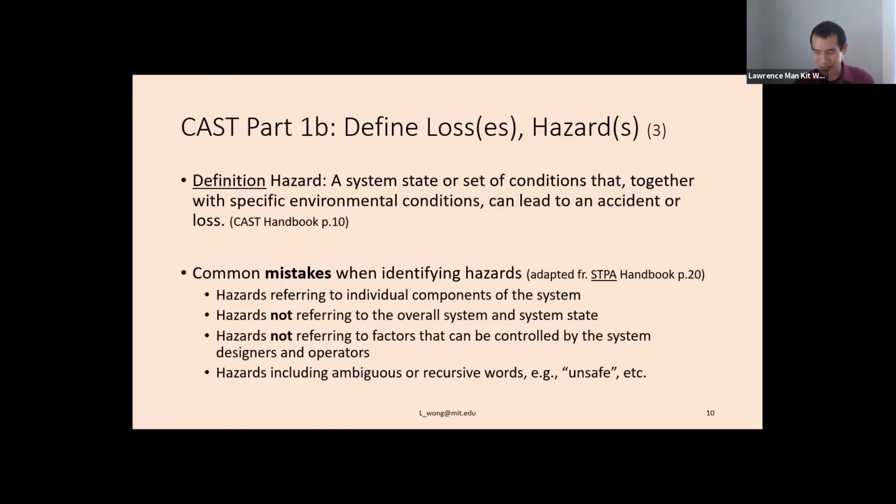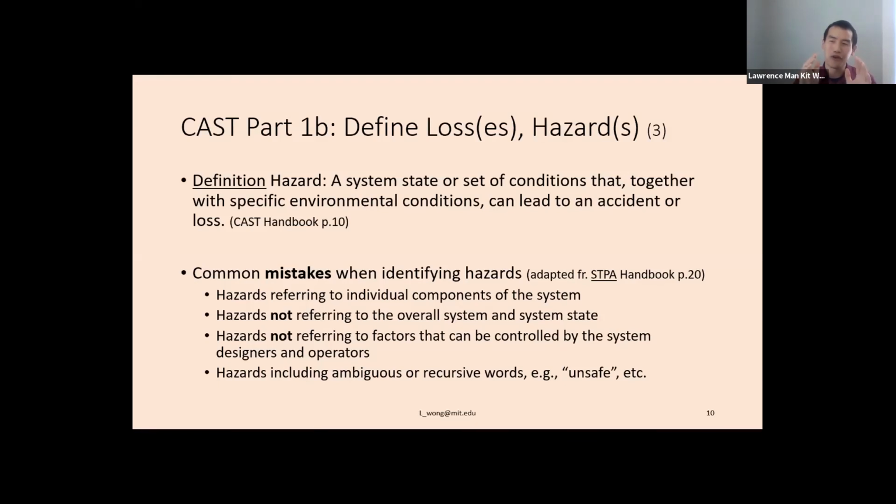So some of the common mistakes when identifying hazards are having hazard statements that refer to individual components of a system, meaning that you are diving way too deep down into the system and naming individual parts, rather than staying at the overall system or system state level kind of description. So that is actually bullet point number 2 here. Bullet point number 3 is that it would be a mistake if you have hazard statements that refer to factors that are not controllable by the system designer or operators. And lastly, it would not be great if your hazard statement has words such as unsafe, things that are not very much defined.